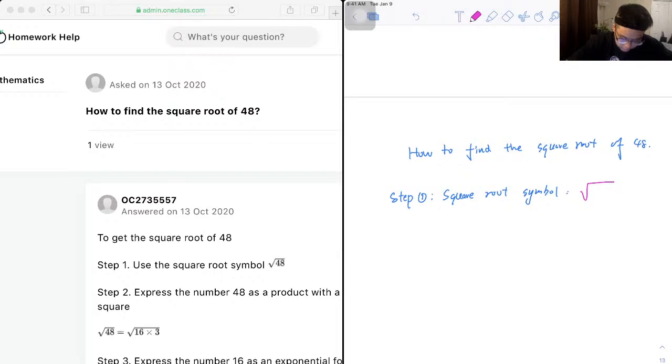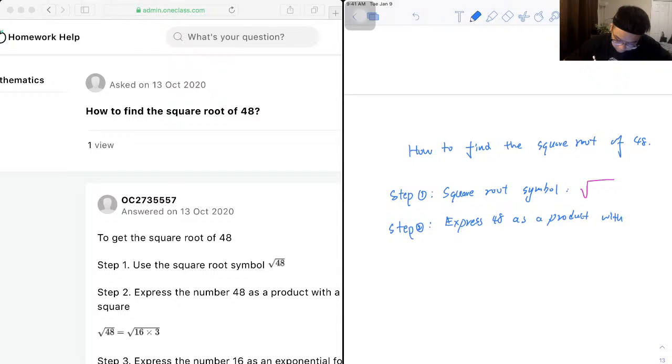So the second step, we need to express 48 as a product with a perfect square.